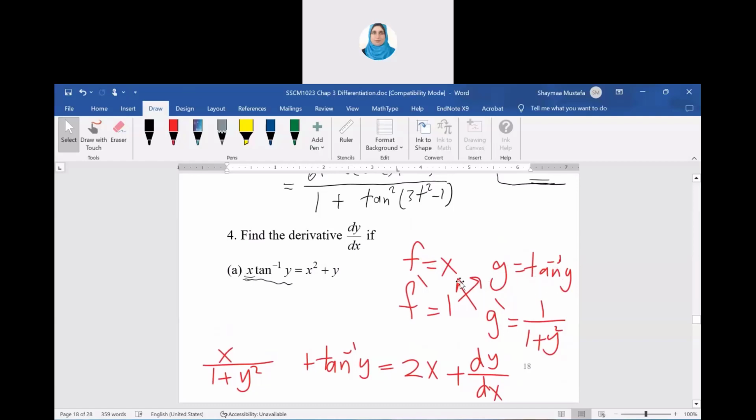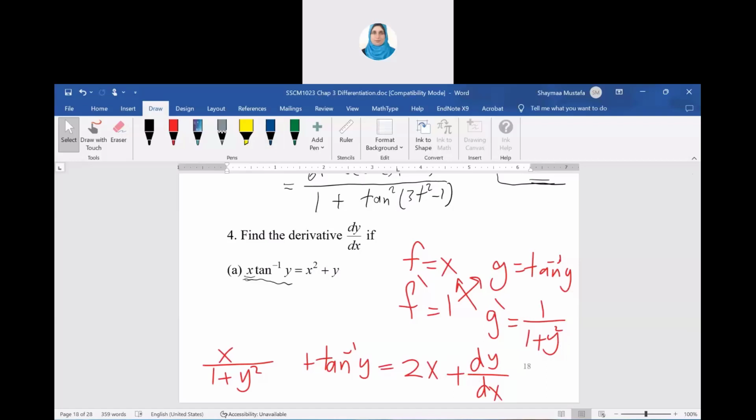So I have a multiplication between two functions, so I apply the multiplication rule. The derivative for x is 1. The derivative for tan inverse y is 1 over 1 plus y squared. The derivative for g times f plus the derivative for f times g equal to, the second term, x squared is 2x, plus the first term y, the 1, but because the variable y, you have to multiply by dy over dx.